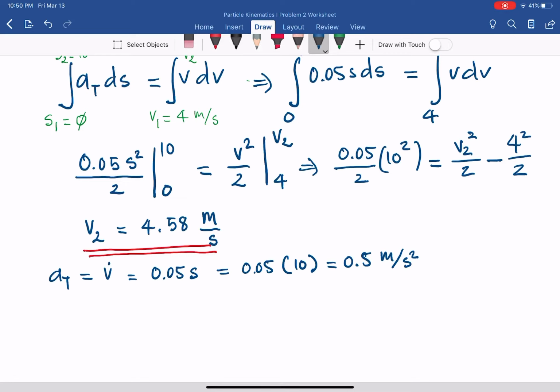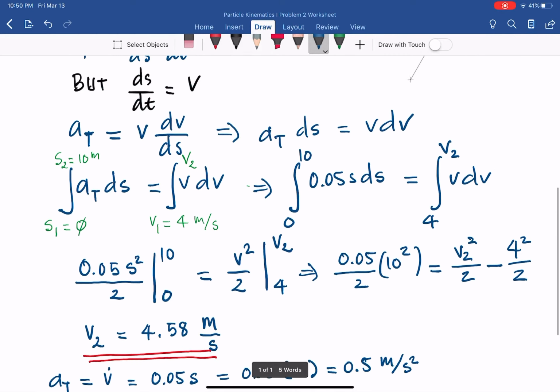And then the magnitude of the normal component, that is very important. Don't forget that in curvilinear motion, the normal acceleration, what is that?